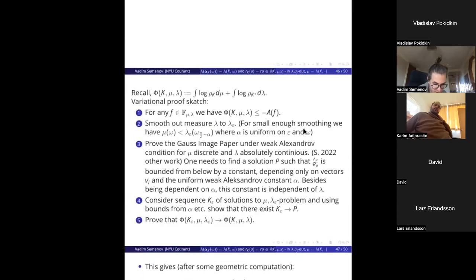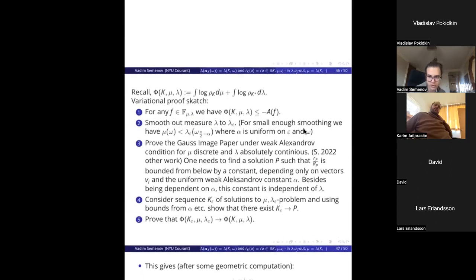So let me quickly go over the proof of existence for the discrete version of the Gauss image problem. First thing, you compare different functionals, right? You have a functional associated with polytopes, and now you have a functional with permutations, and then you can prove this relation straight up from geometry.